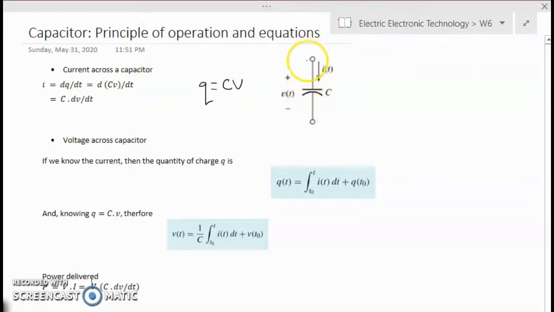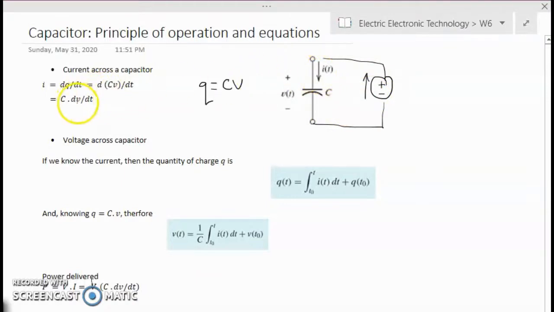That means at the beginning of the connection of this neutral capacitor to a power supply, we have at this terminal a very high energy and at this terminal a very low energy. So the difference dV is very high, so we have a very high current.